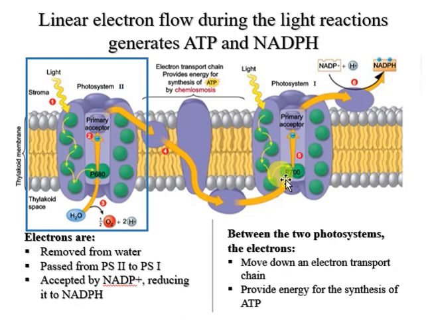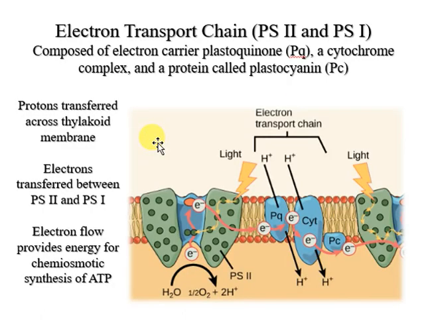Oh no, it's another electron transport chain. It's okay, this one is really easy. It's not like the crazy one in cellular respiration. The electron transport chain that lies between these 2 photosystems is made up of 3 components. I think I have a better picture. Here we go.